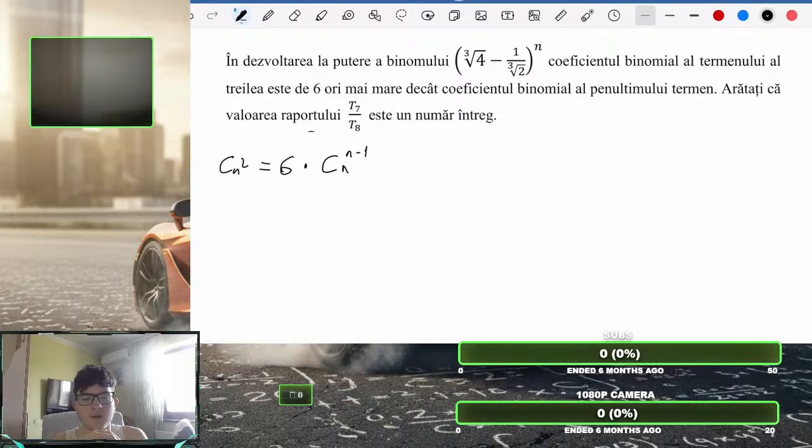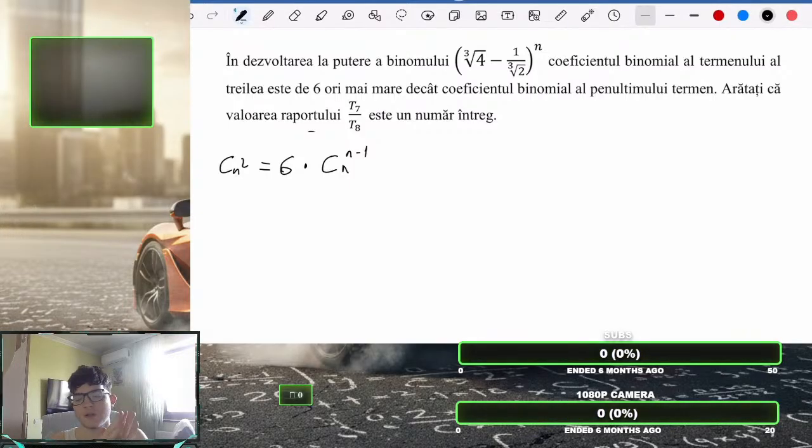So it's written like this: 6 times, obviously, the binomial coefficient of the almost last one, perhaps not called like that, but whatever. It's essentially this: Cn and a power n minus 1, because it's n, almost the last one.